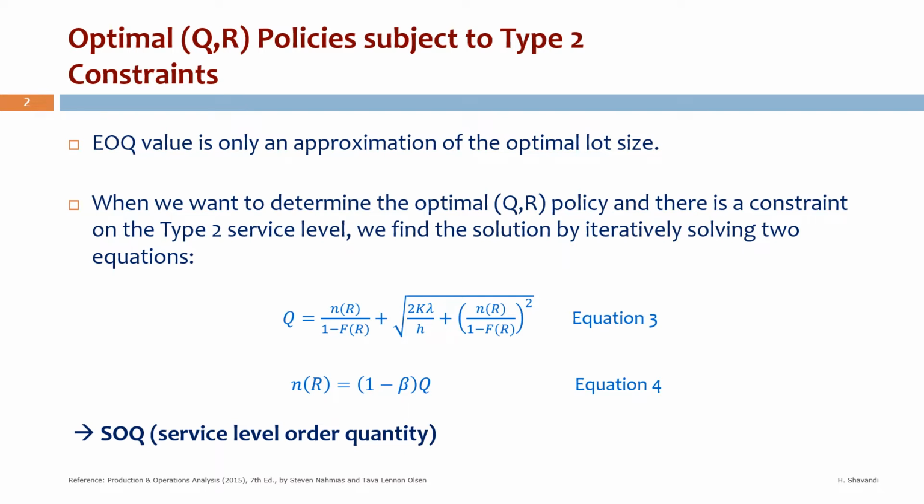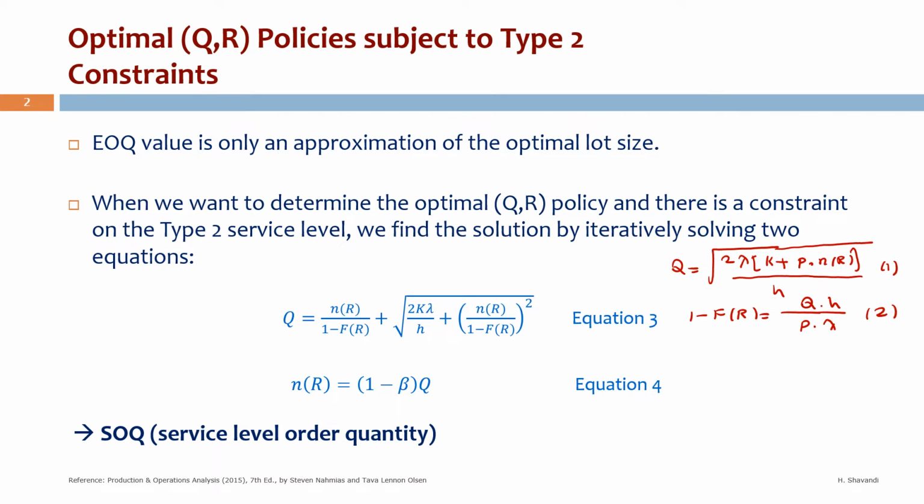Equation number 1 was Q equal to the square root of 2 lambda times K plus P times NR over H, right? And equation number 2 was 1 minus FR equals Q times H over P times lambda, right?